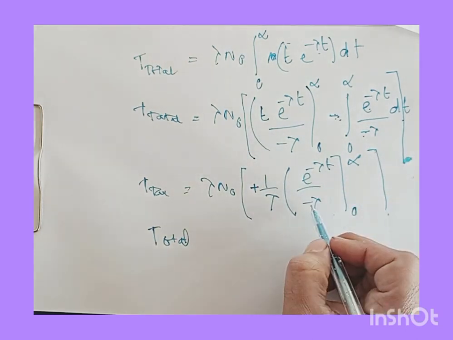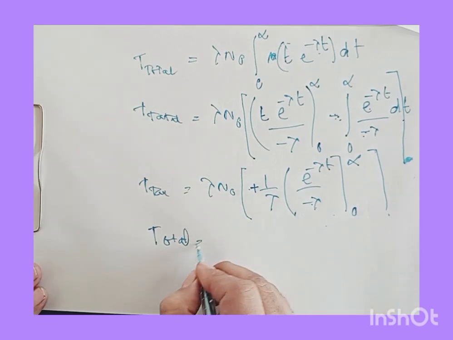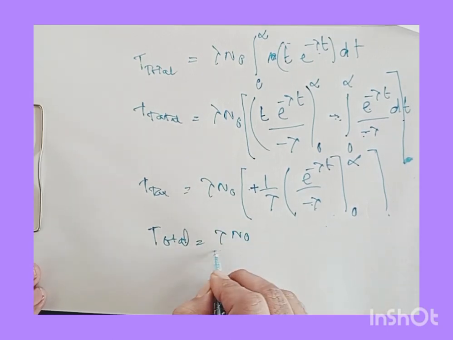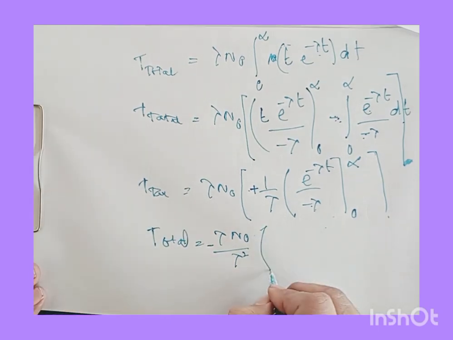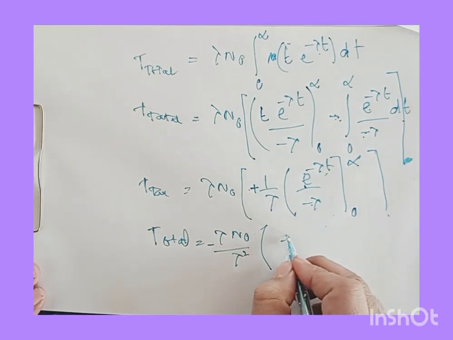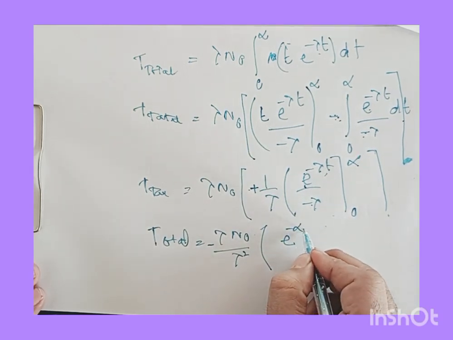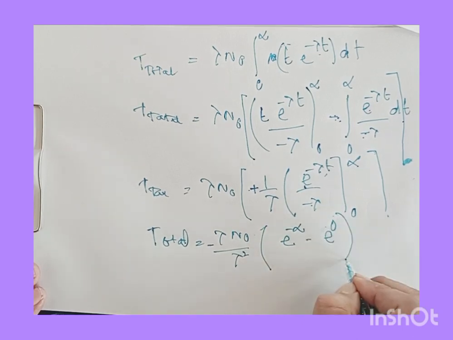So here I will have lambda out. I'll have lambda N naught by lambda square, minus is out. Inside we are left with e to the power of minus lambda t. So this is e to the power of minus infinity minus e to the power of 0.